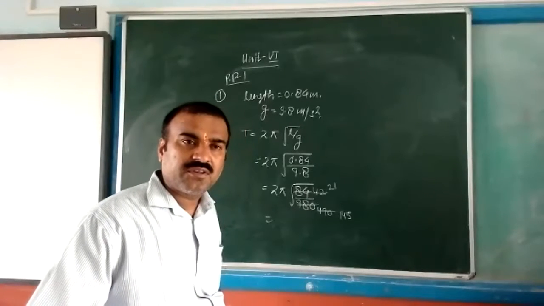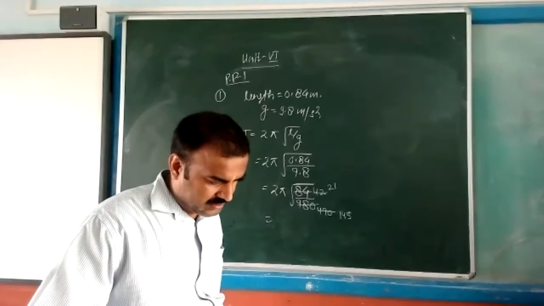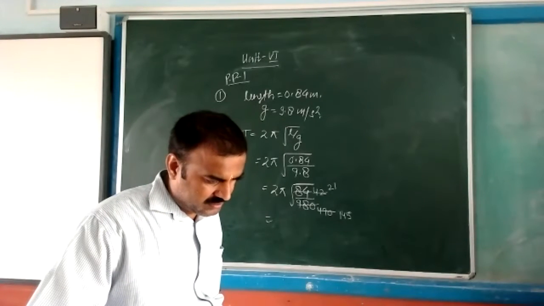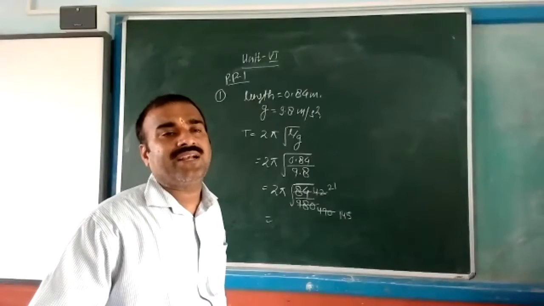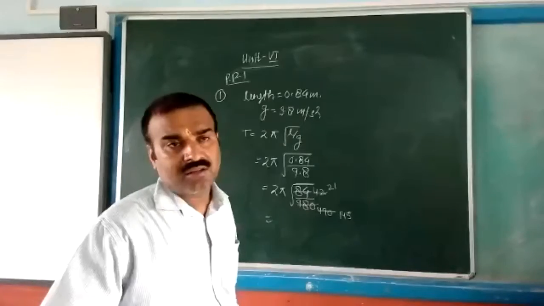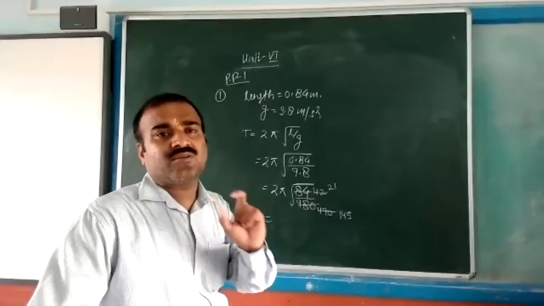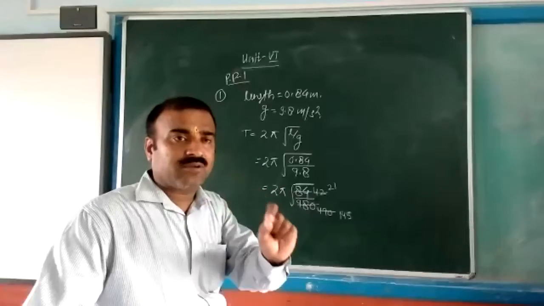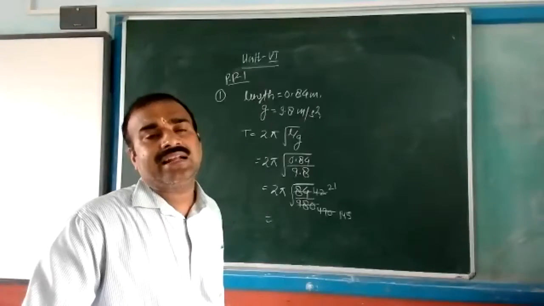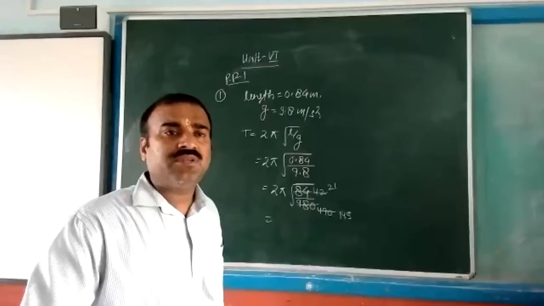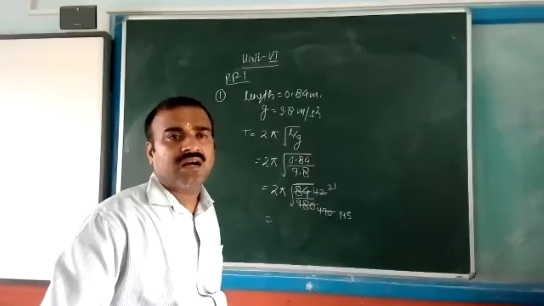The value of the square root of 0.114 will be 0.338. Just check it on the calculator on your mobile phone. Are you getting the same thing or something different? Yes, sir, the same thing. Okay, clear? Yes, sir. Then Ayushi.